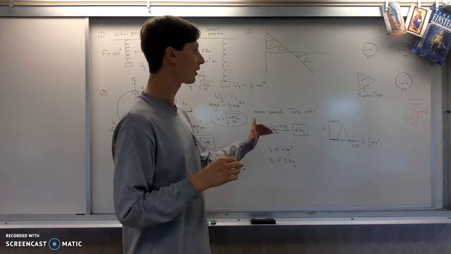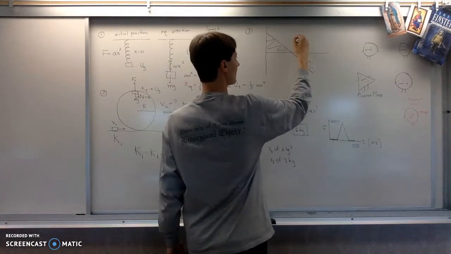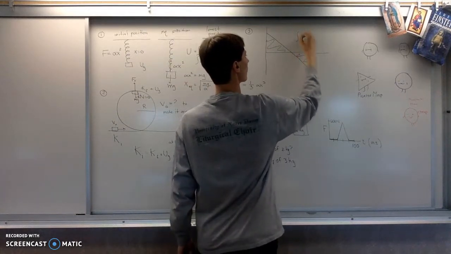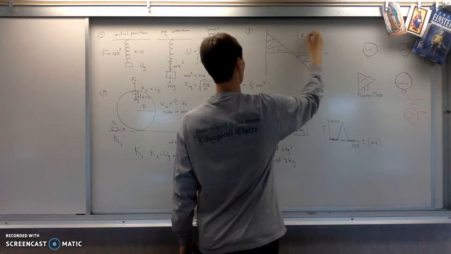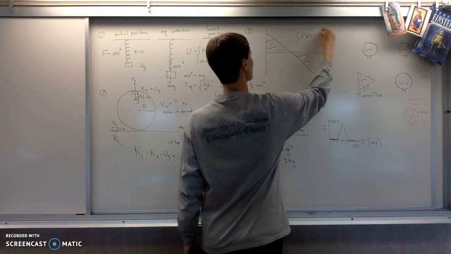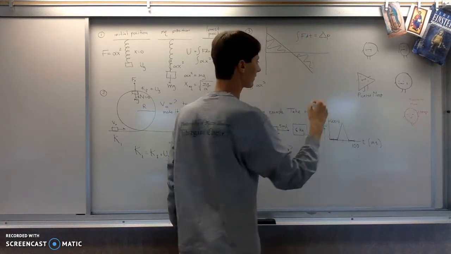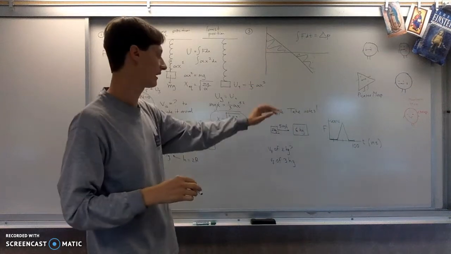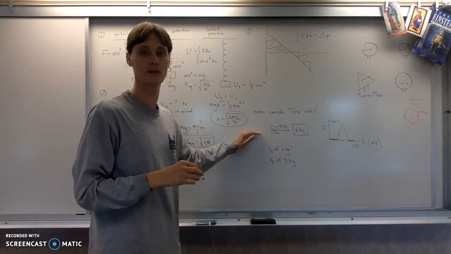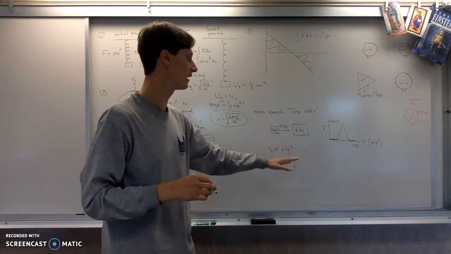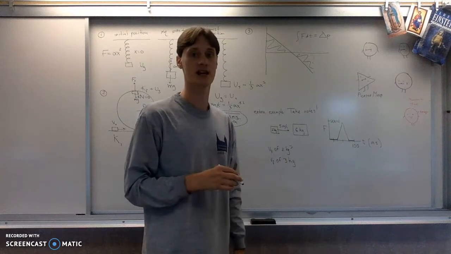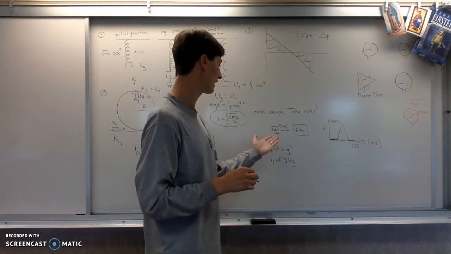All right, now, the broader point here, though, is that the integral of force with respect to time is the impulse. So they don't have to give you something nice and neat like this. They could give you something a little more messy where there's a collision and then a force versus time graph. All right, so let's say that it's like this.